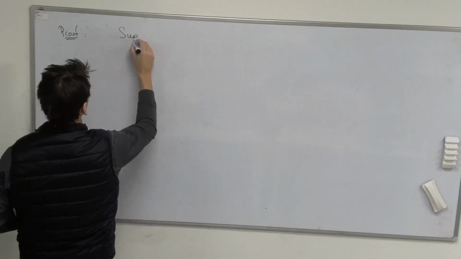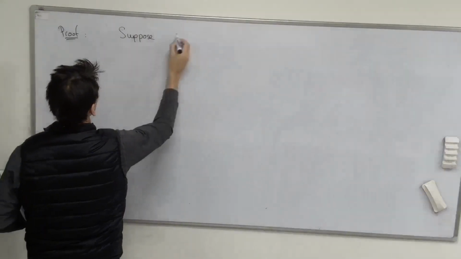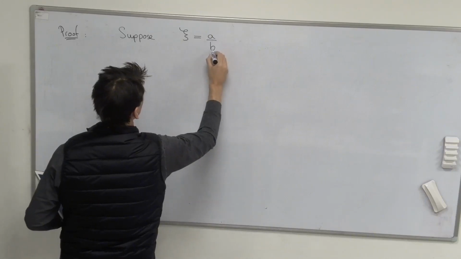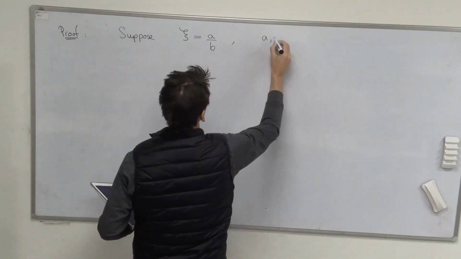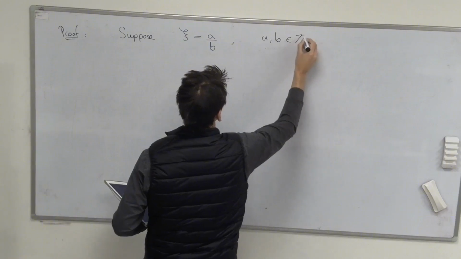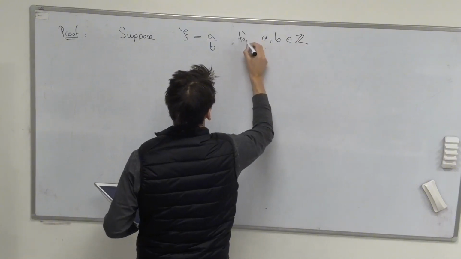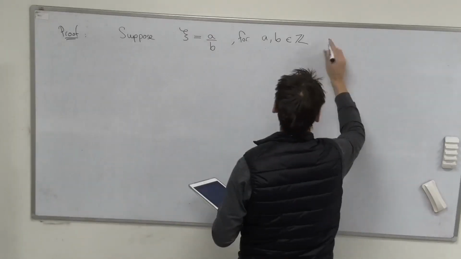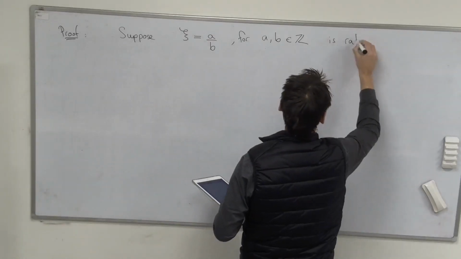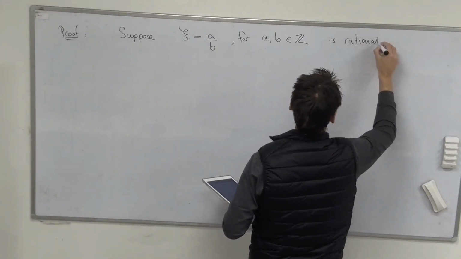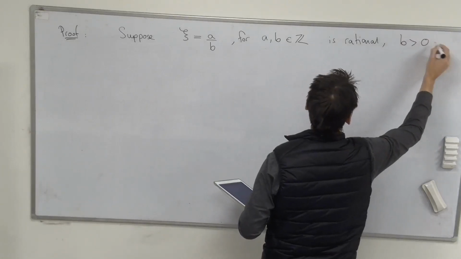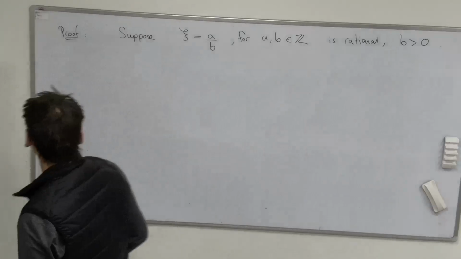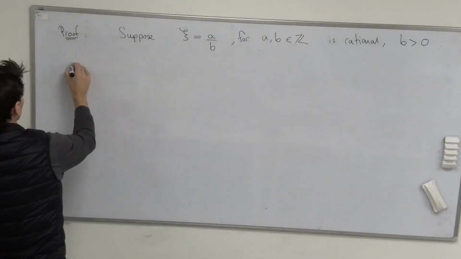Suppose by contradiction that psi in fact is rational. So psi is a over b, and let's assume b is positive. So let's put that into condition 1.